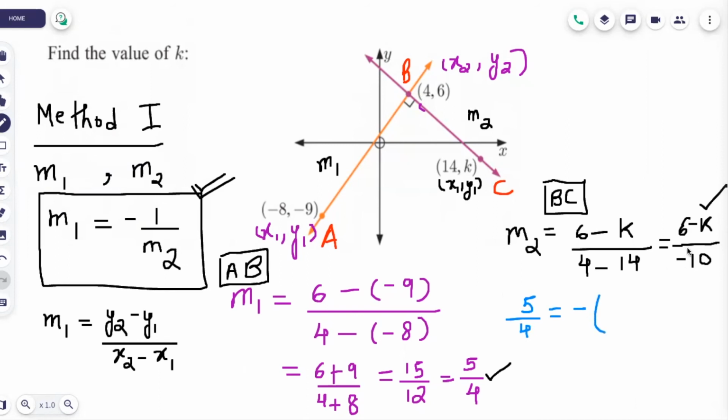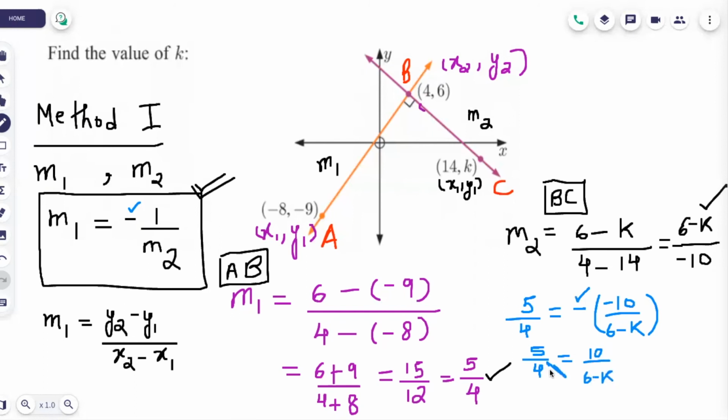So when I take the reciprocal of this, the numerator and denominator switch. So this is the negative reciprocal of M2 which I wrote here, or I wrote minus 1 upon M2. So this is that minus which you see here. And 1 upon M2 gives me this. Now this will be 5 upon 4 is equal to this, negative and negative will become positive. This will be 10 upon 6 minus k.